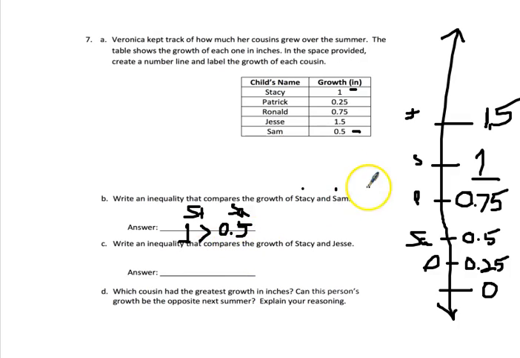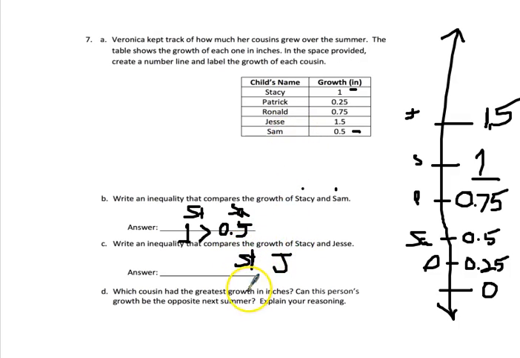Okay, and then I need to compare Stacy and Jesse. Okay, so compare Stacy and Jesse. And it is important that you follow this order. If you reverse it, you're not following the directions. Compare Stacy and Jesse.